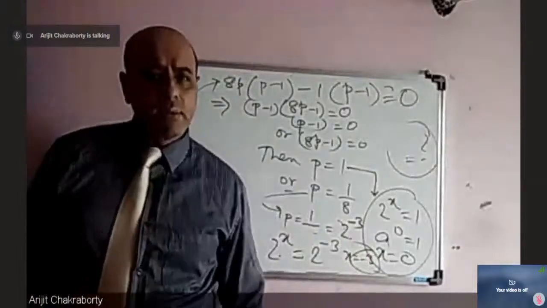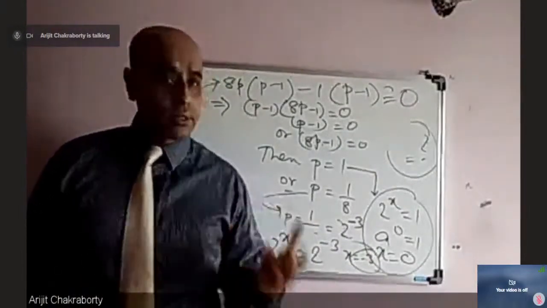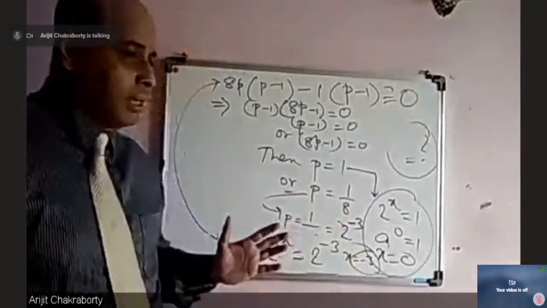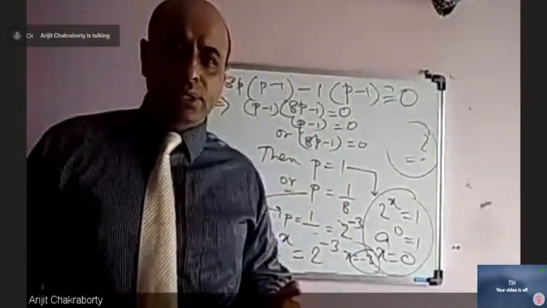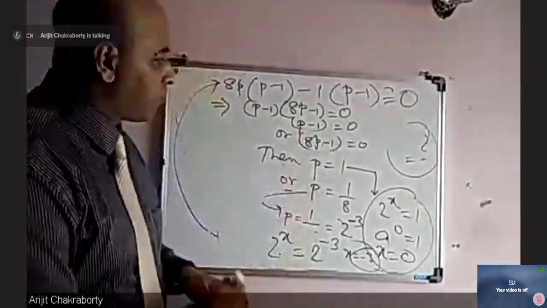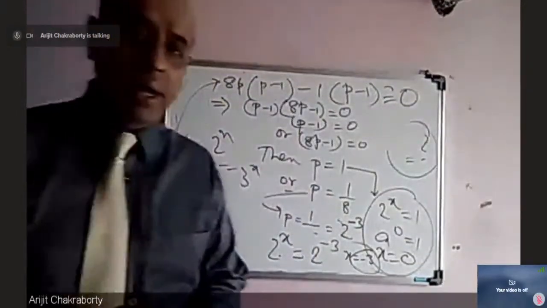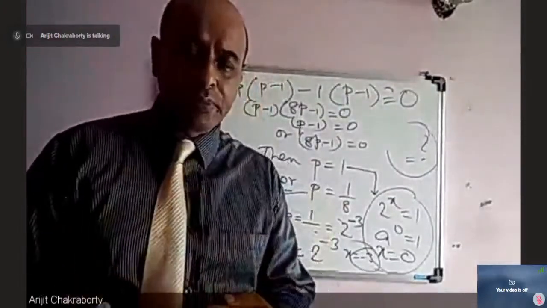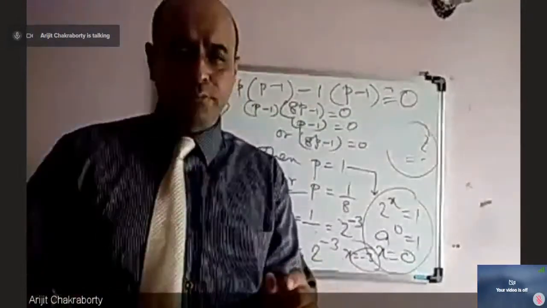Please remember that for this type of problems, you may get these problems in the exam. First of all, find out whether it's a problem which involves indices, like 2 to the power x or 3 to the power x. Accordingly, break the power into separate numbers.